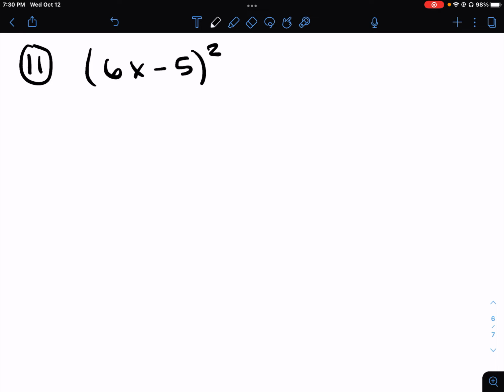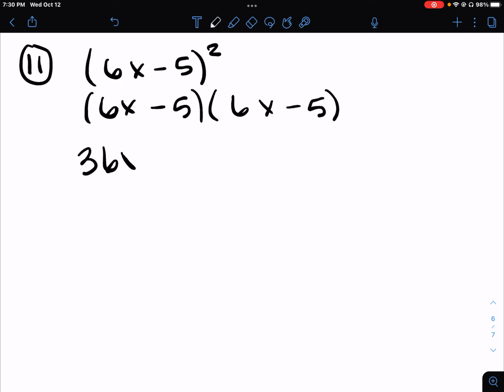Okay, 6x minus 5 squared. The square is around the parentheses, so we write the whole thing twice. So this is a FOIL problem because they both have 2 pieces. First, 6x times 6x. Outside, 6x times negative 5.